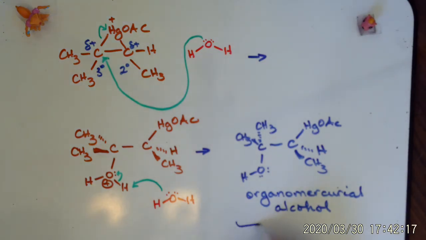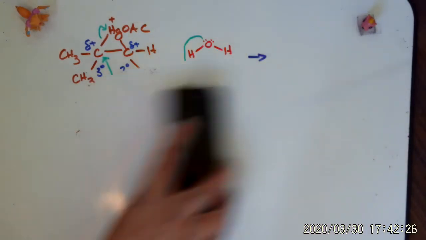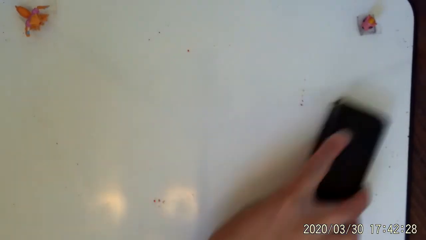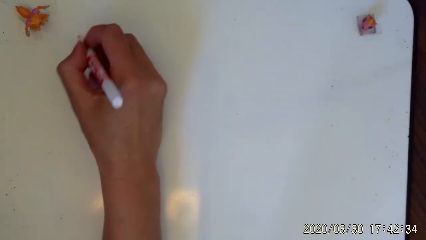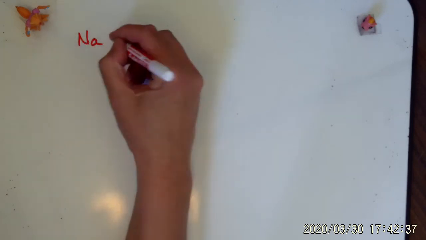Now, what happens to this? Okay, so let's take a look at my hydride. Before I do the mechanism, let's talk about sodium borohydride. Sodium borohydride is a reducing agent.